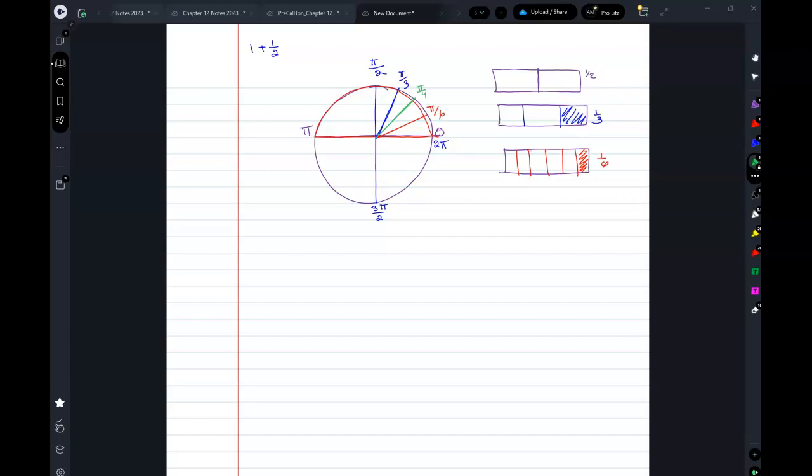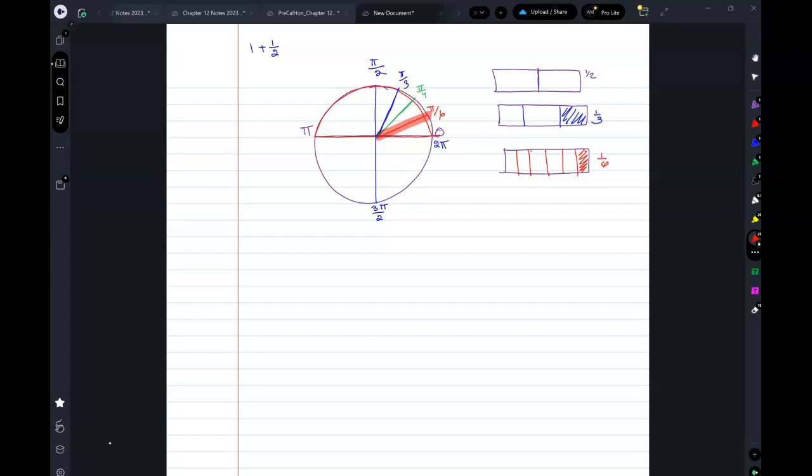So if we take a look at this now, let's just focus on the pi over 6. The pi over 6 is right here, and we said that is the smallest increment that we are going to deal with, okay? Because the ones we have are the pi over 6, pi over 3, pi over 2, pi over 4.